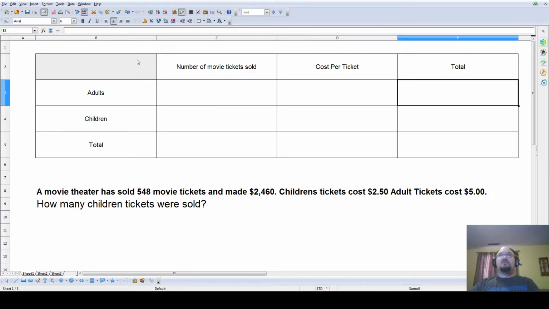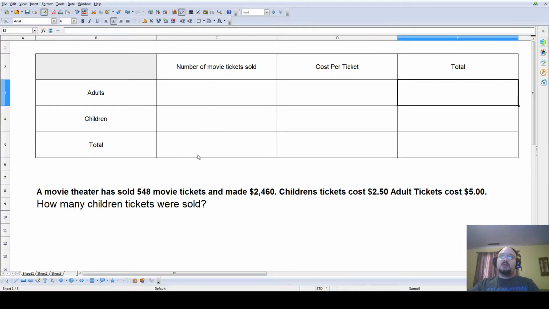So now we've created our table, and we have our nice grid layout, so we're able to look at things and see if we have any information we can just add to these boxes. So we look back at our problem, and we see that we have a total number of movie tickets. So that would be the number of tickets sold and a total.